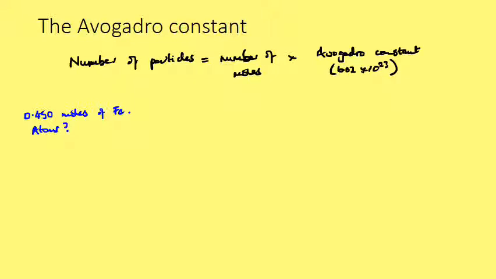The number of atoms is going to be the number of moles of atoms, which is 0.450, times the Avogadro constant, 6.02 times 10 to the 23. And if you punch that into your calculator, you'd get 2.71 times 10 to the 23. Easy peasy. Should we do another one?